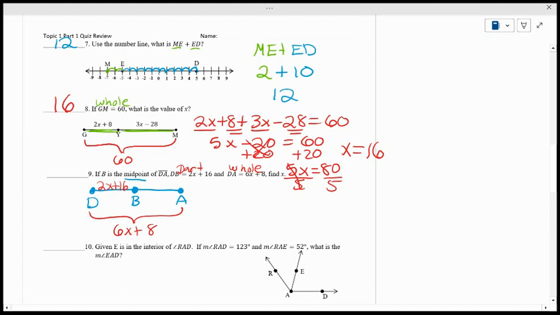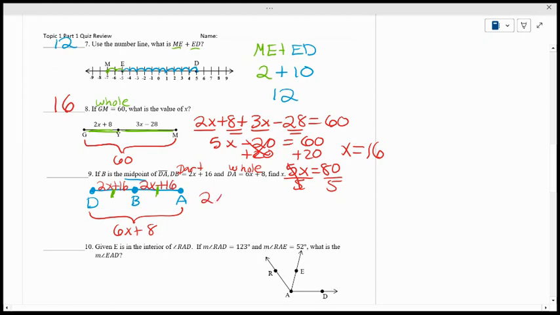Okay, well, B is a midpoint, so that means this is congruent to this, which we use tick marks to show congruence. So if the left side is 2x plus 16, that means that the right side is 2x plus 16. So now we have our equation.